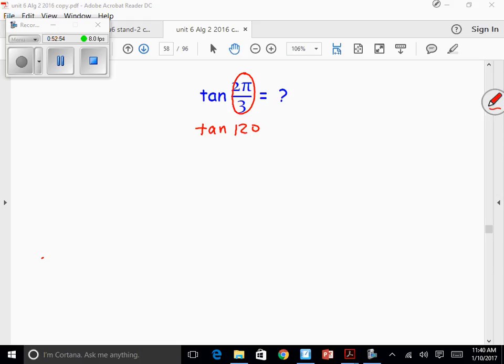All right, step 1. Tan 120 equals sine over cosine of the same 120. What is the fraction that goes with the sine of 120?